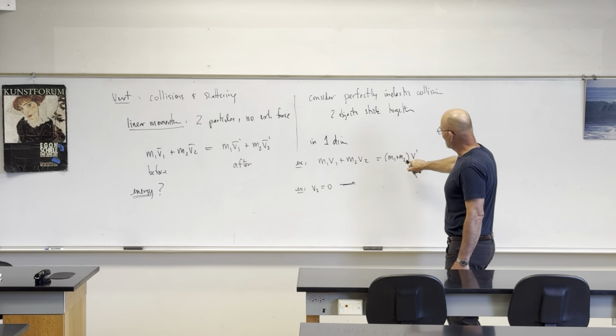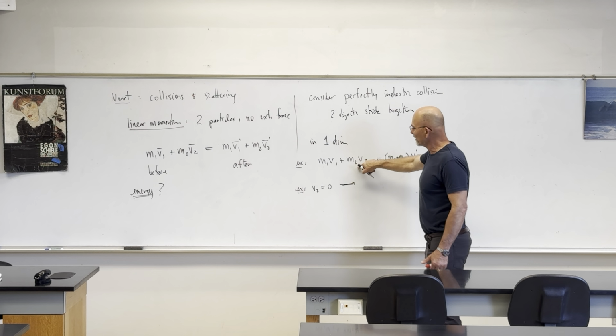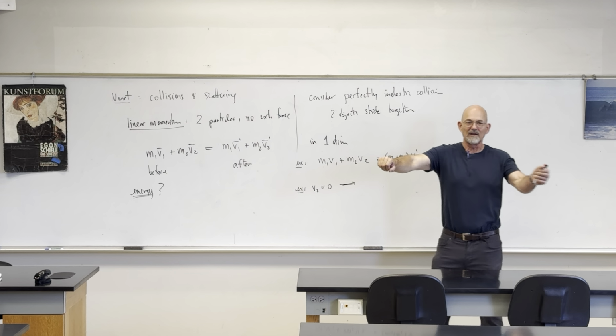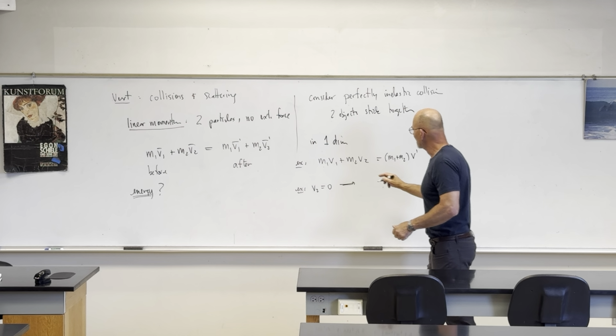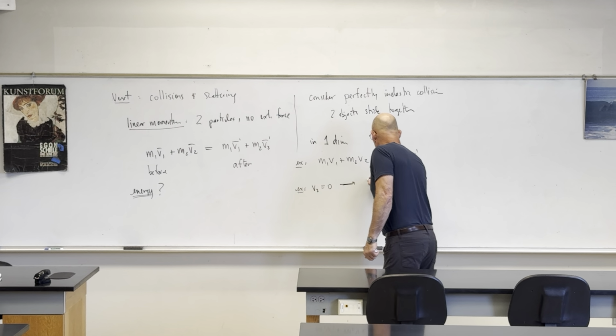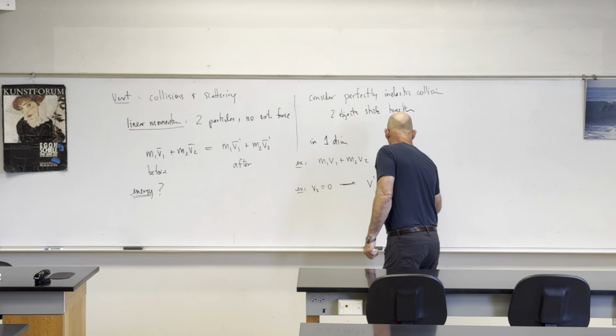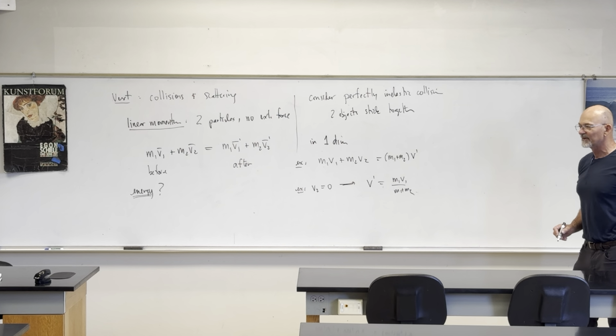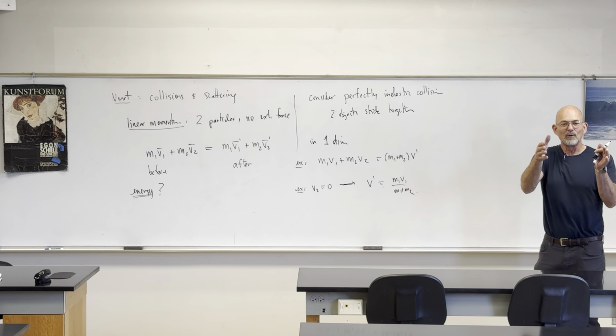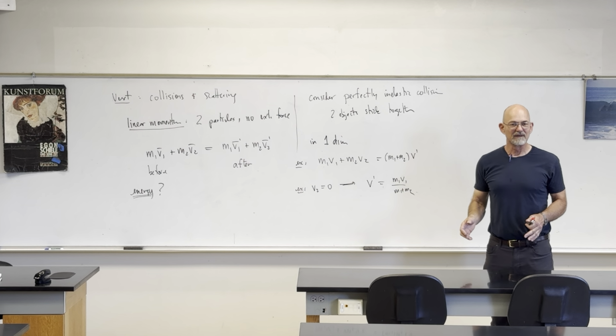Then I can cut to the chase. V2 was 0, basically I'm sending something to collide with something else at rest, and they stick together. Now I have V prime is equal to M1 V1 over M1 plus M2. For example, if they're equal masses, the combined body now moves with half the original speed. Right? Makes sense.